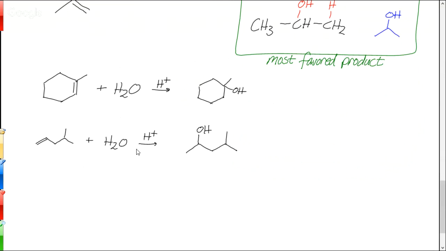The major product is not where we would put it on the end. So that would not be the major product. That would be the minor product, because the OH goes to the carbon with the most other carbons attached.